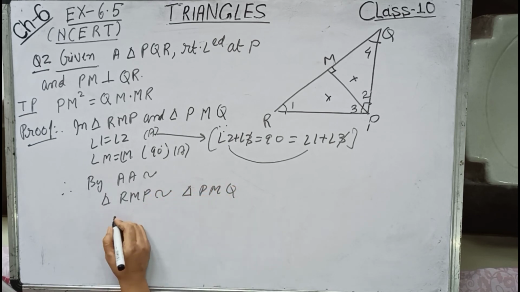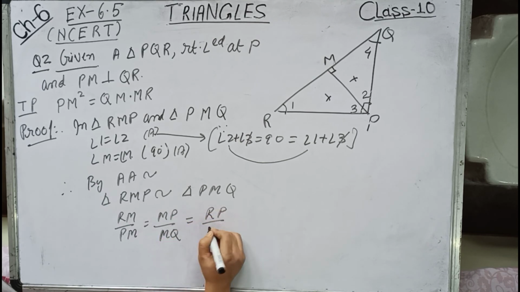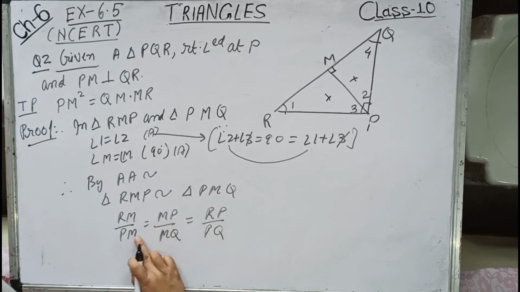So the ratio of the sides will be proportional. So RM by PM equals MP by MQ equals RP by PQ. Now I want PM square, so that I will be getting from 1 and 2.